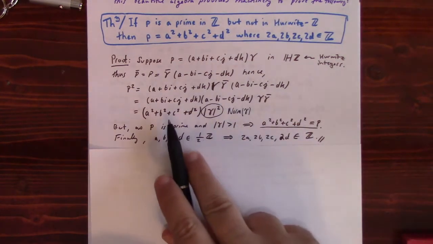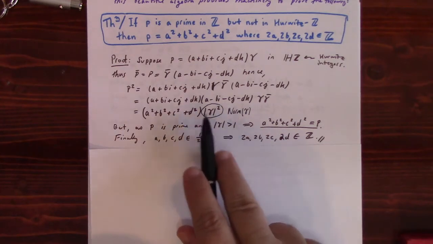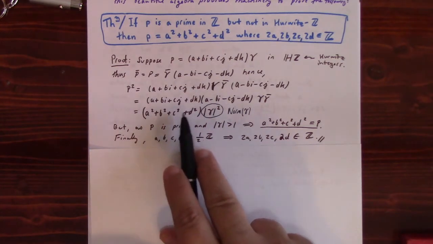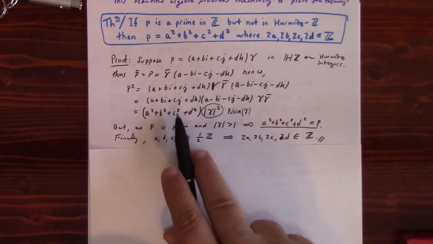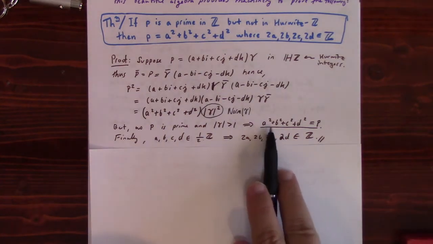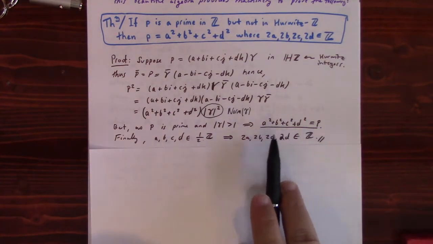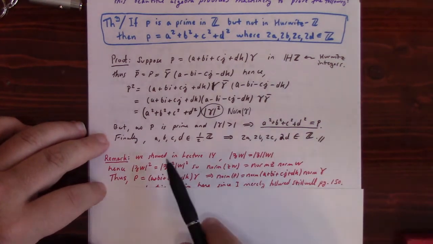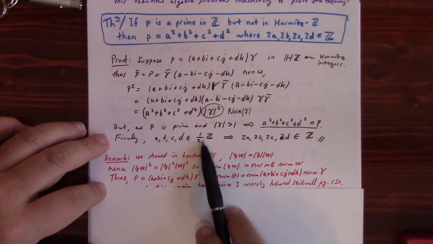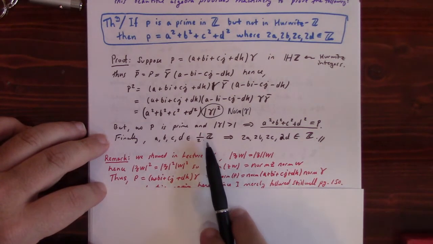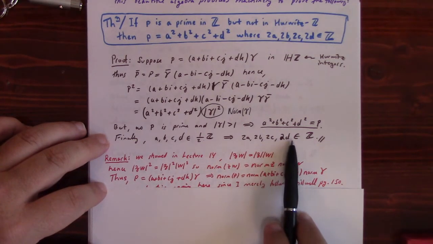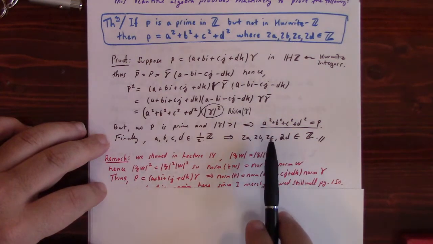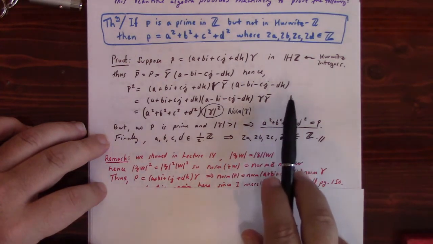So you see you've got the product of two integers that's equal to a prime squared. It must be that this is a prime and that's a prime, because both of these integers are larger than 1. All right, so it forces the sum of the squares to be equal to p. And then finally the little claim about the 2. If a, b, c, d are in 1/2 Z, then 2a, 2b, 2c, 2d are in Z.